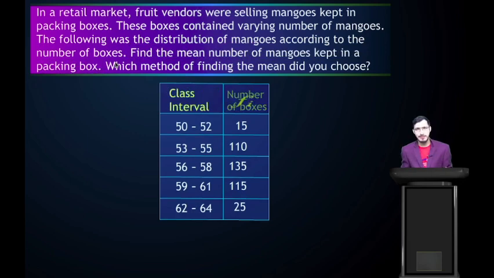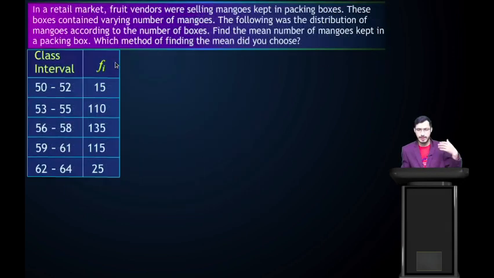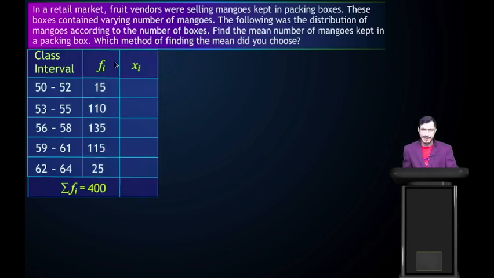You can see the class interval and f are already given here. Class intervals are 50 to 52, 53 to 55, 56 to 58, and so on, with frequencies. First we find sigma fi, that is 400 here, and xi means the mid value of the class interval. Remember always, xi means the mid value of the class interval.